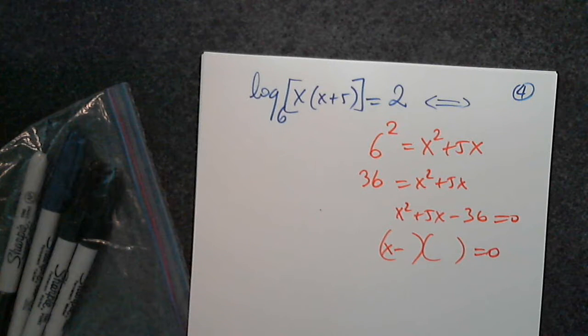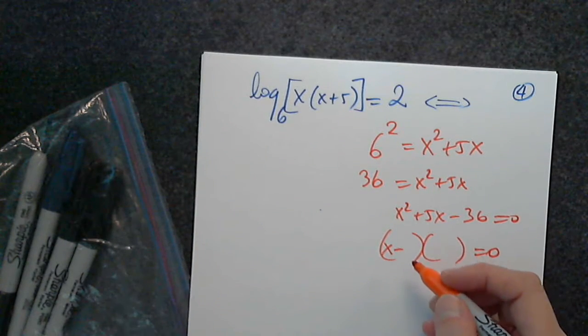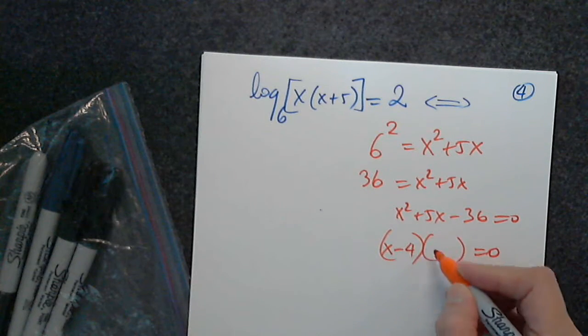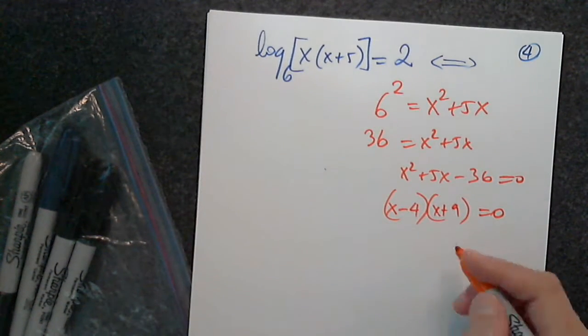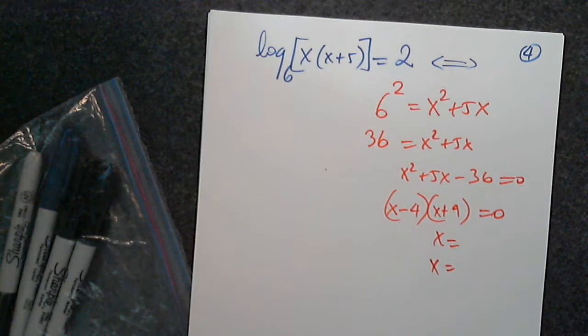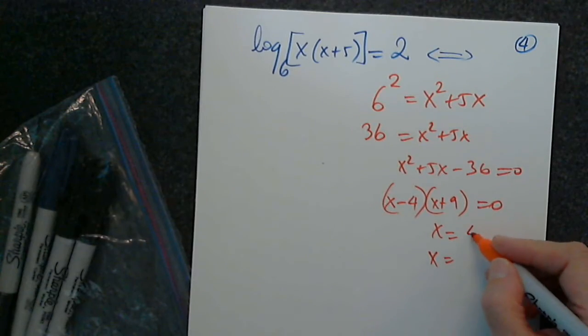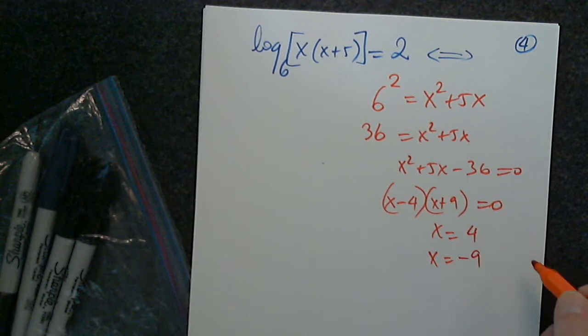Please say no. It's right there. So it's going to be x minus 5, x minus 4, x plus 9. Awesome. So then we have two x values. X plus 4. Okay, close.